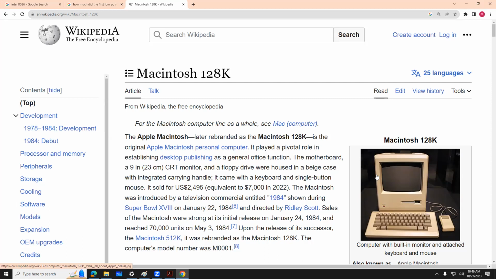This was something that Stephen Jobs and Steve Wozniak watched for the first time in a research laboratory at Xerox in Palo Alto, California. The Palo Alto Research Center of Xerox, the copier corporation, they invited Steve and Steve over to have a look at their technology.